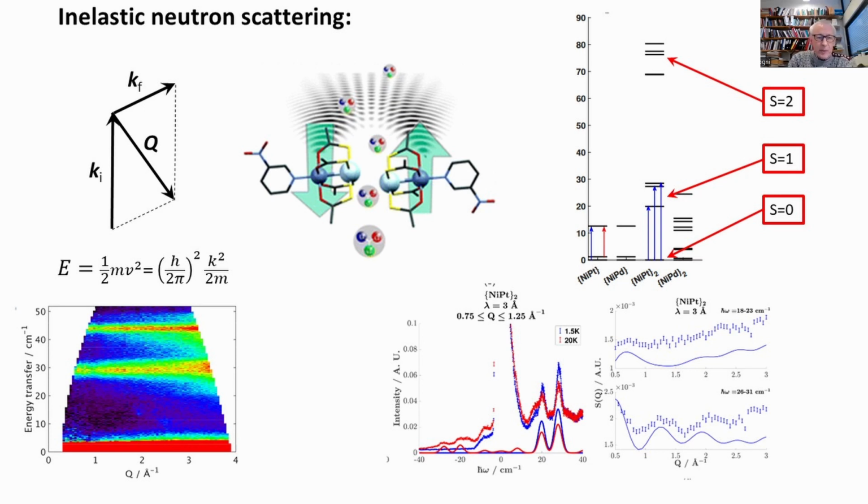See, what you do is you hit the sample, which is here, with neutrons of a very well-defined energy, and you measure the energy, the velocity of the outgoing neutrons, and you look at how much energy has been transferred to the sample. And the output, the primary output from such an experiment is shown here. And the red colors here mean a lot of neutrons, and dark colors mean no neutrons.